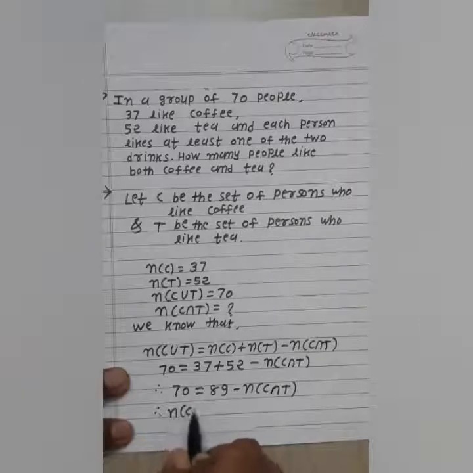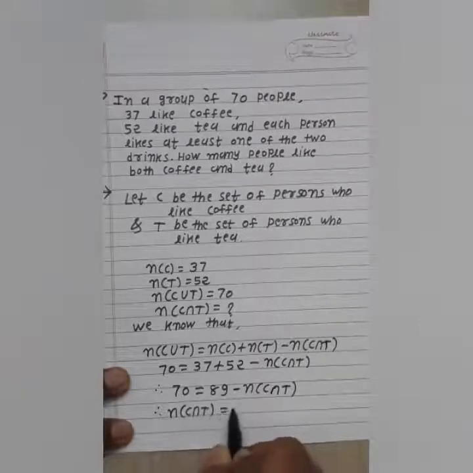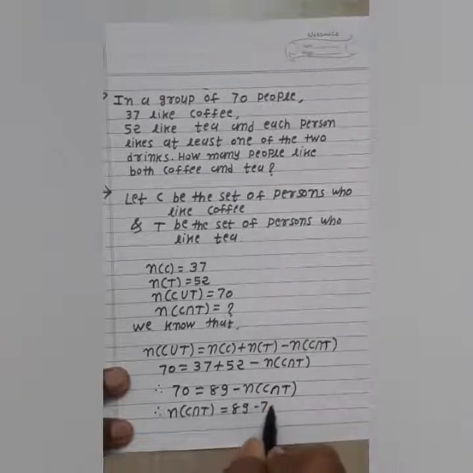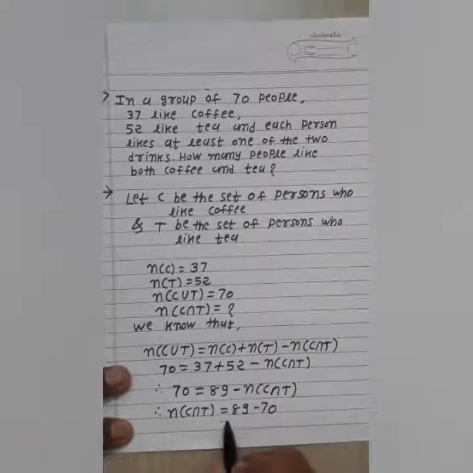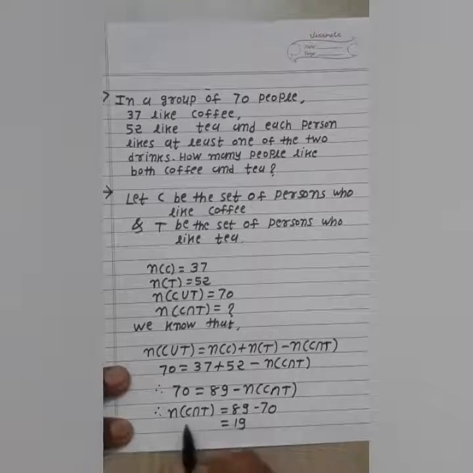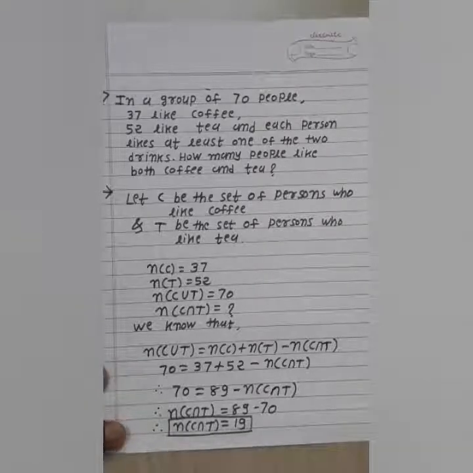Therefore n of C intersection T is equal to 89 minus 70, so we get 19. Therefore n of C intersection T is equal to 19.